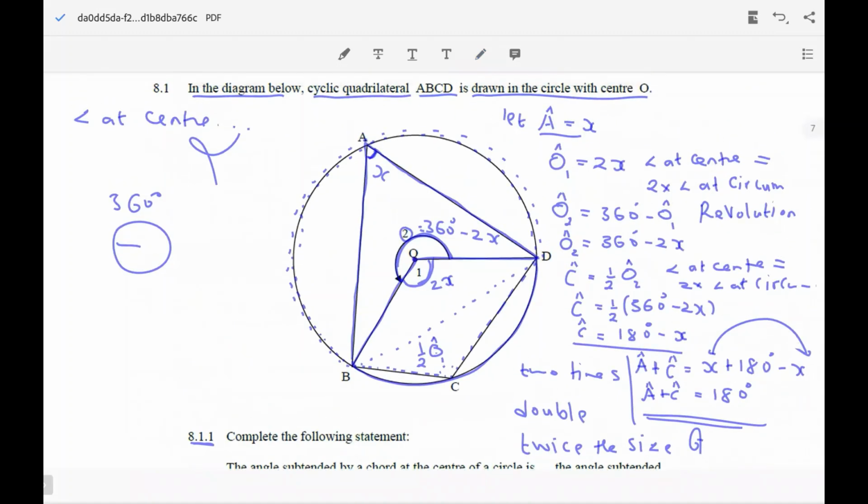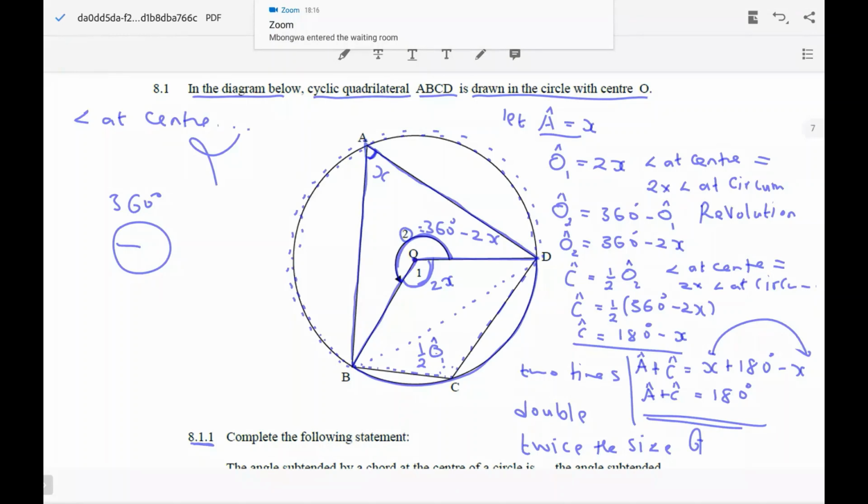So we started by letting angle A equal a variable x, and using the angle at the center theorem, we got O1 as equal to 2x. Then using the fact that angles at a point give us a revolution, O2 becomes 360 minus O1, which is 2x.